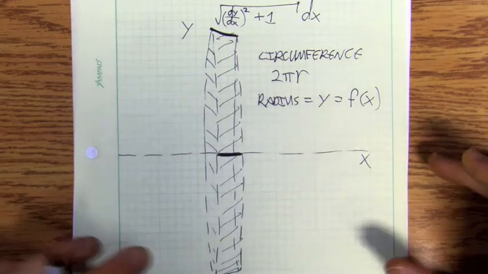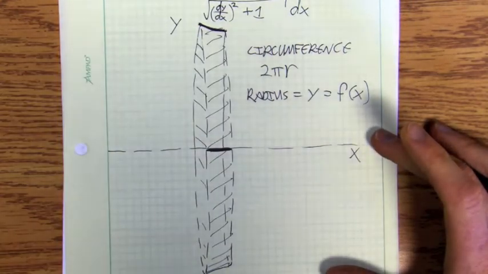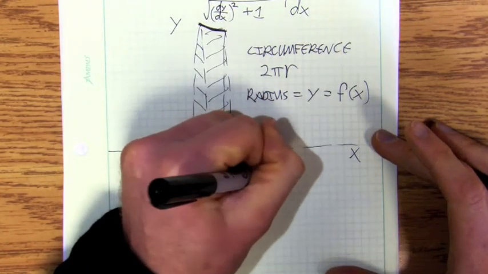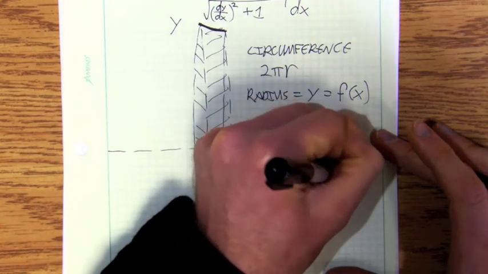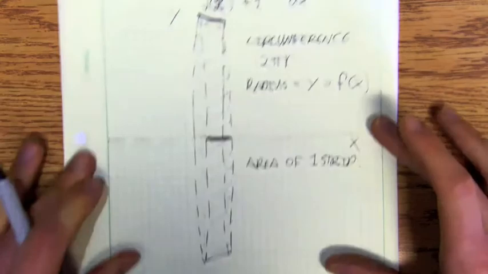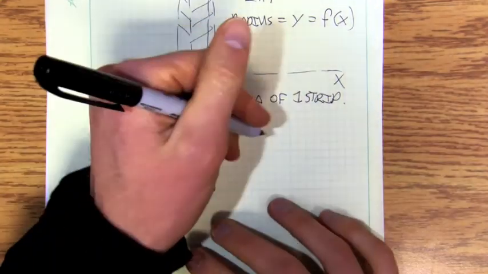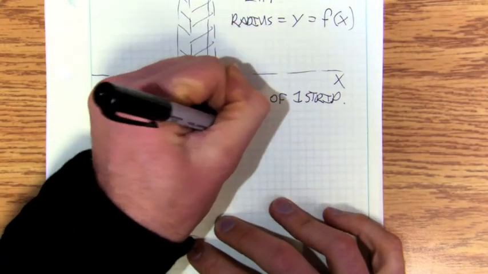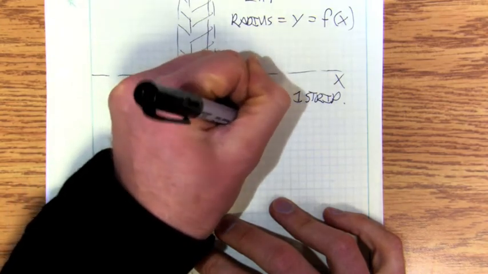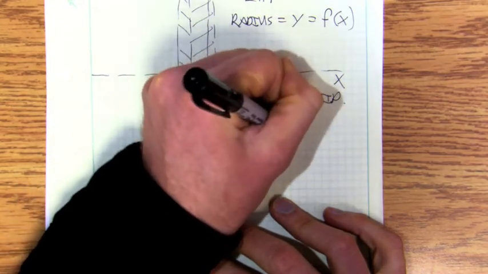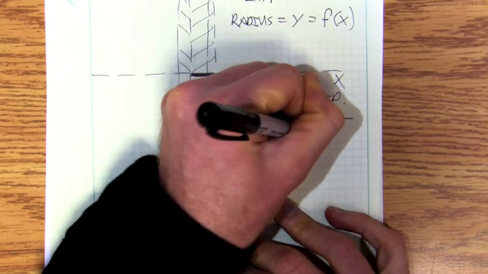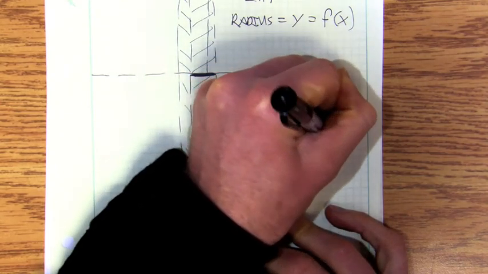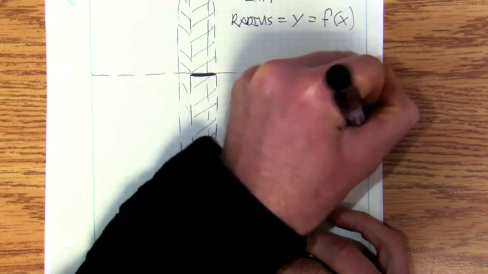And so my area of one strip is going to be 2 pi f of x times the square root of f prime of x squared plus 1 dx.